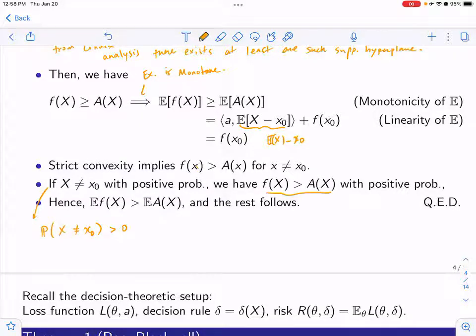So this is saying x not equal x0 implies f of x bigger than a of x.